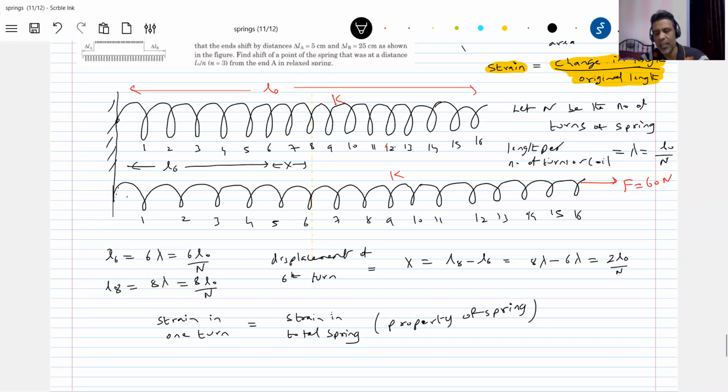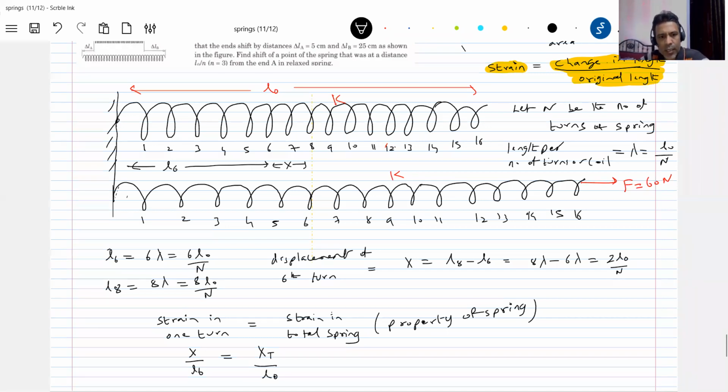So what is the strain in the particular thing? How to get this? So X by L6, shall I write? Strain in the sixth turn, X by L6, should be equal to the strain in the total spring, total elongation, let it be XT. There should be XT, and the length is L naught.